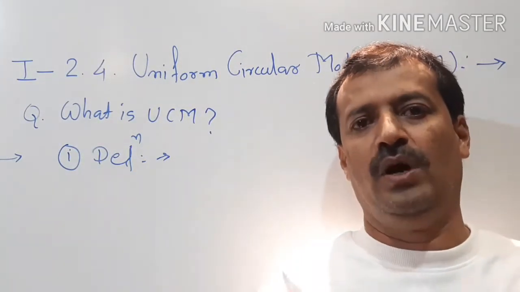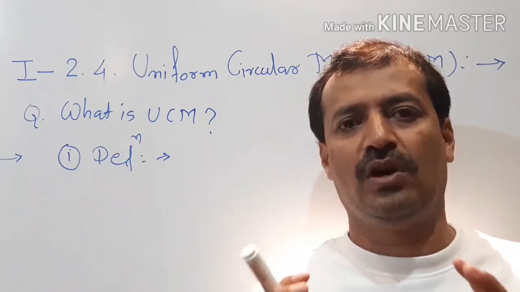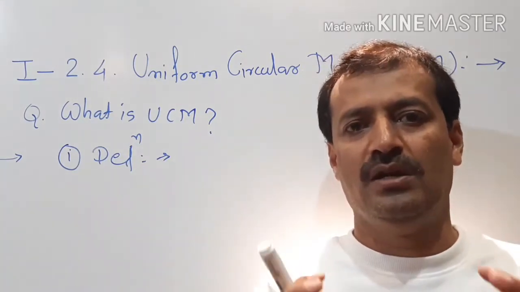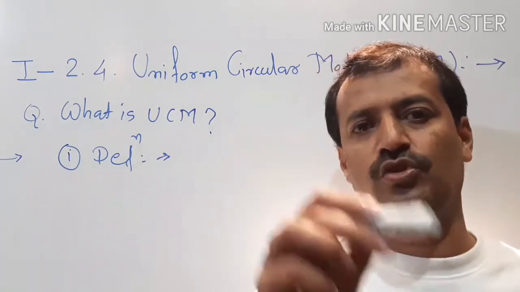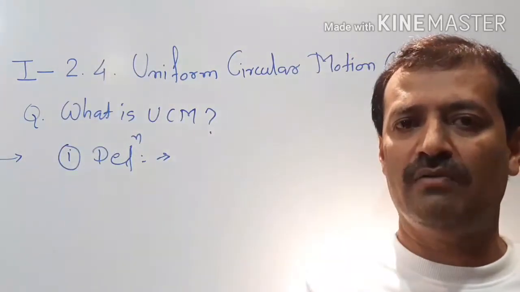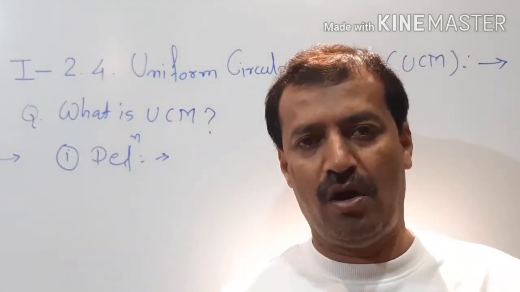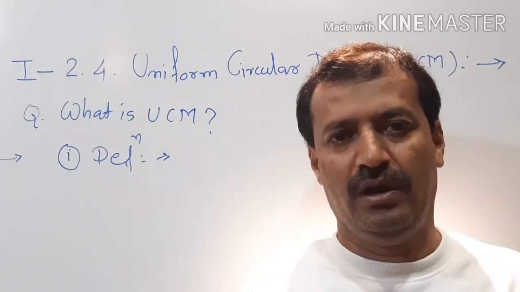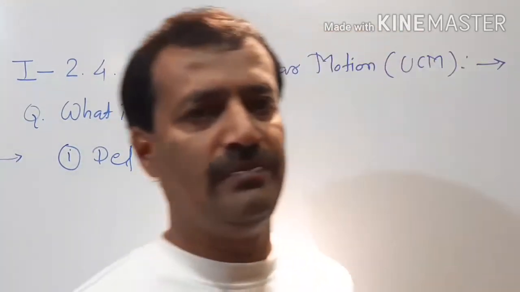Only one sentence is added in that definition, and it is with a constant angular or linear speed. So the definition is the motion of the particle along the circumference of a circle with a constant linear or angular speed is called uniform circular motion. So write down this definition.